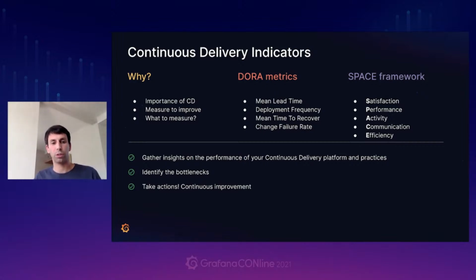The end goal is really to gather insight on the performance of your continuous delivery platform and practice, being able to identify the bottleneck, and more important, take action, because it's continuous improvement. So that's the global definition of continuous delivery indicators and why it's important.